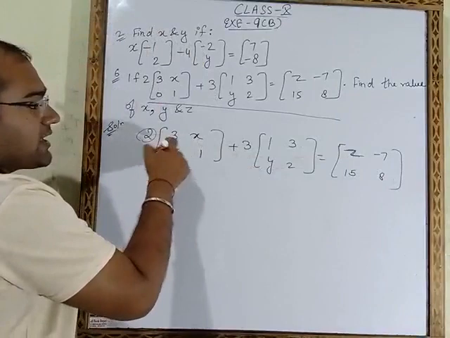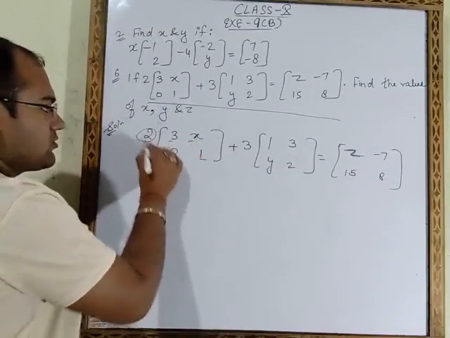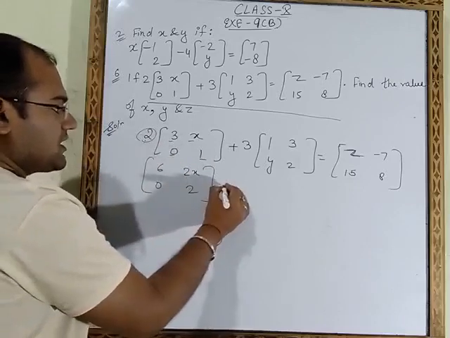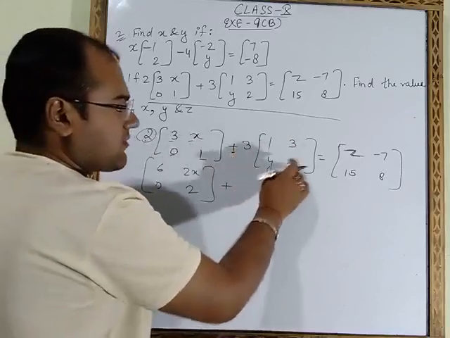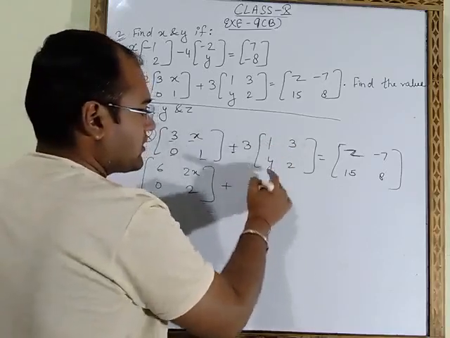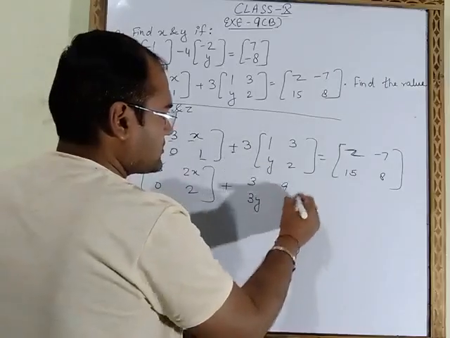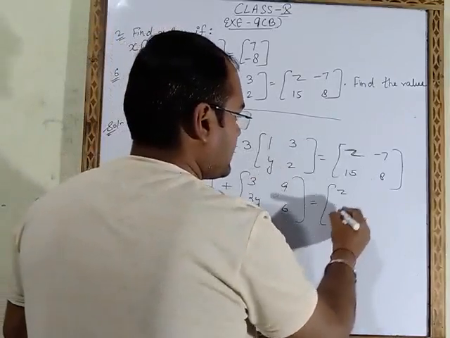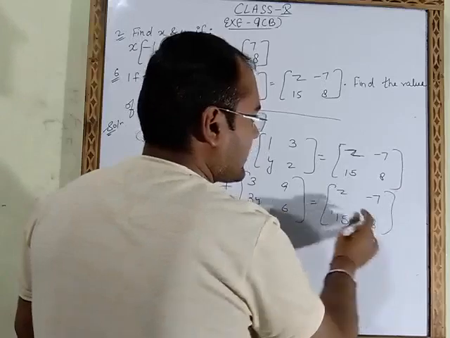We have to multiply each element with 2. 2 threes are 6, 2 zeros are 0, 2 into x will be 2x, 2 ones are 2. In the same way, this plus we have to write as it is. Only 3 we have to multiply with each element. 3 ones are 3, 3 into y will be 3y, 3 threes are 9, 3 twos are 6, is equal to [z, 15; minus 7, 8]. This we have to write as it is.